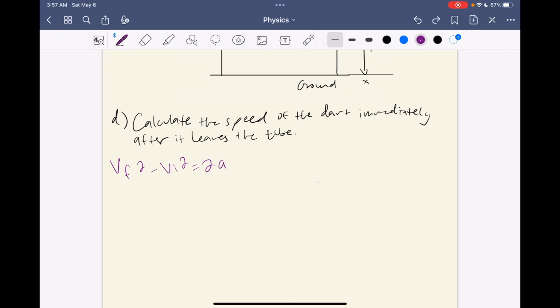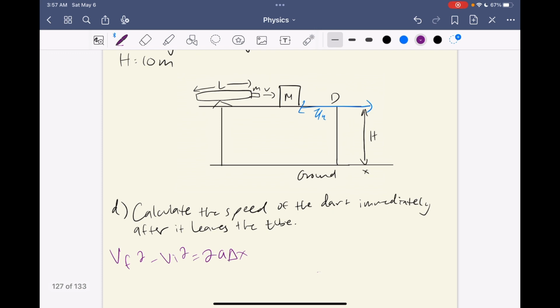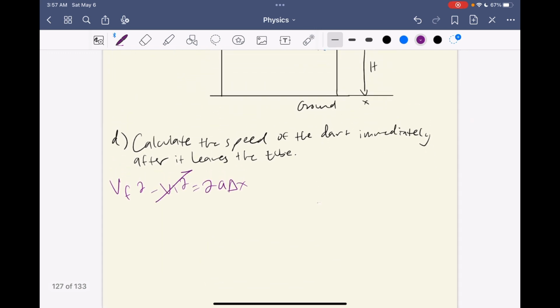Sorry, that is an ugly delta. Alright, delta x. We can assume that the dart starts from rest, so VI would be cancelled out. So we're left with VF squared equals 2a delta x. The VF will be the speed.